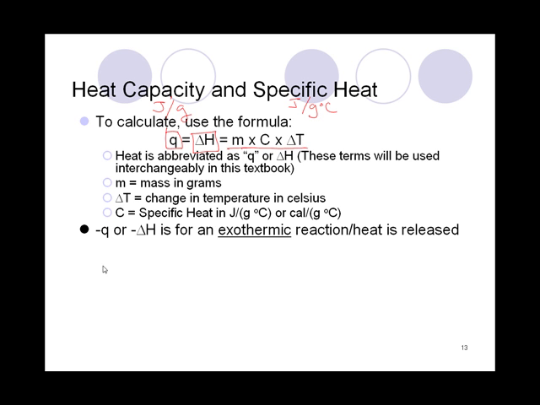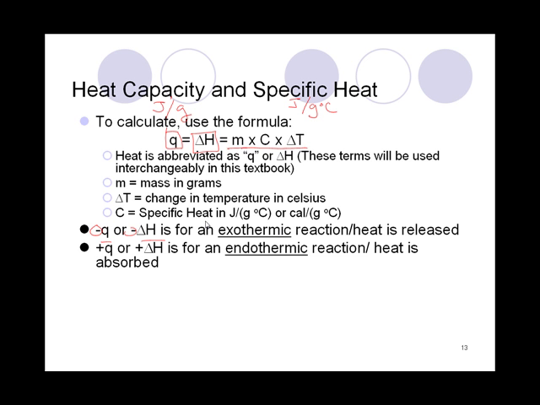Remember that the Q and the delta H are going to be negative in an exothermic process because the heat is being released by the system, and it's going to be positive during an endothermic process because the system is gaining heat. So if something were to get hotter from 10 degrees Celsius to 30 degrees Celsius, your change in temperature, which is the final temperature minus the initial temperature, is plus 20 degrees Celsius.